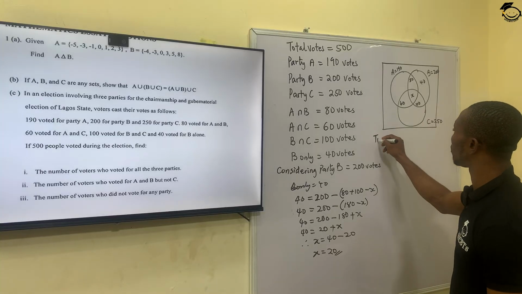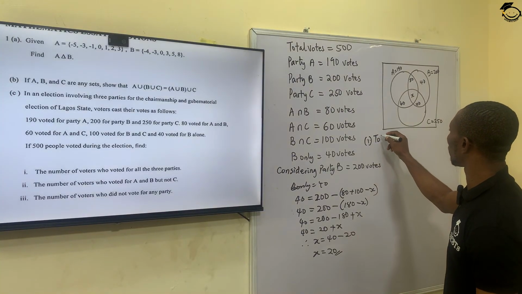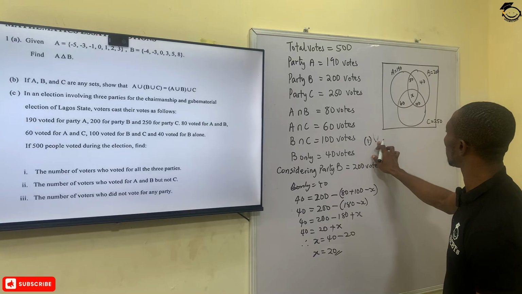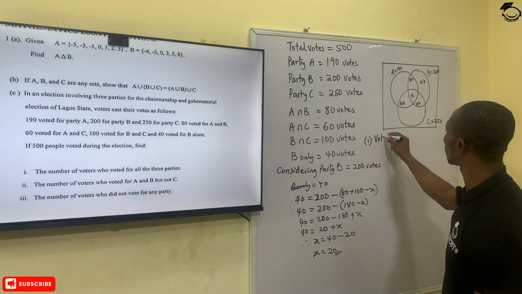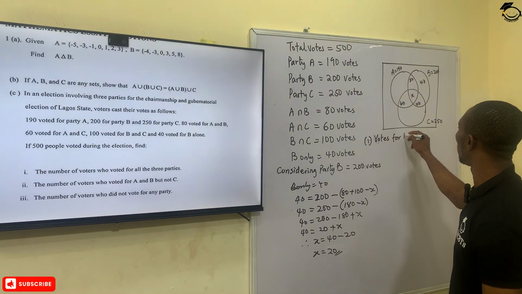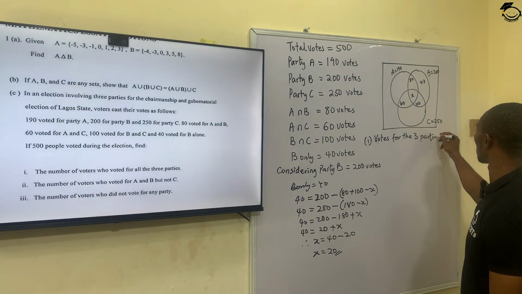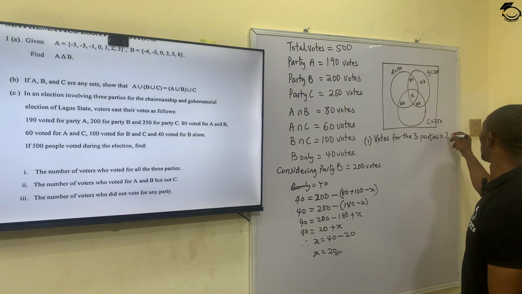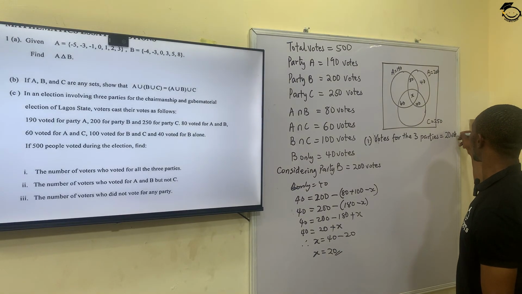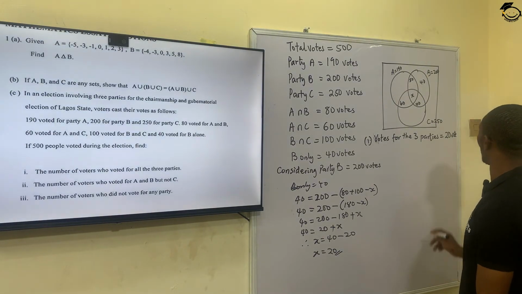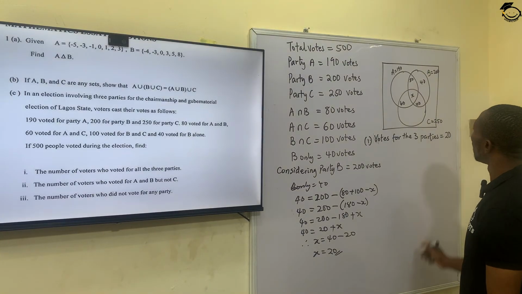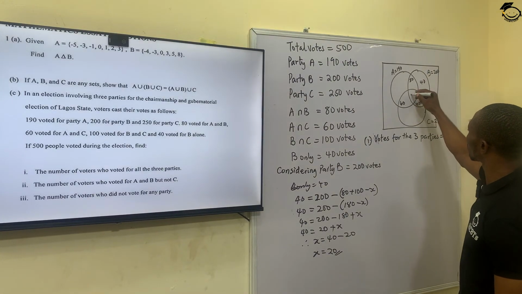So total number of people, question 1, votes for the three parties would be 20 votes.